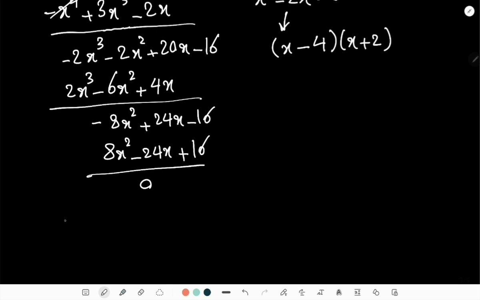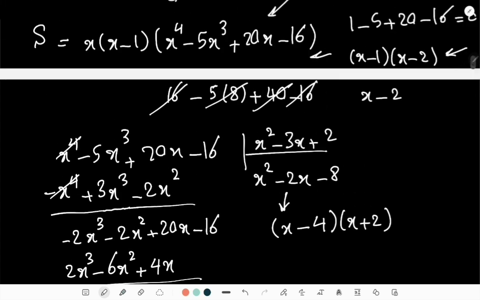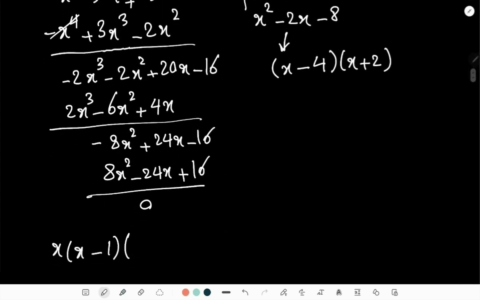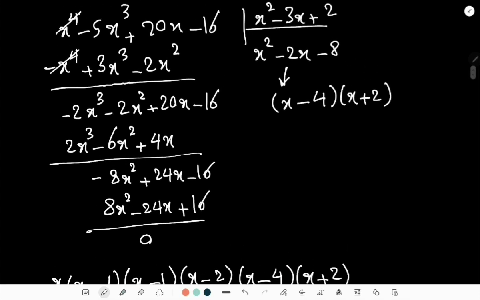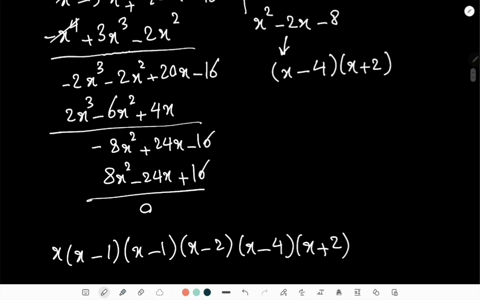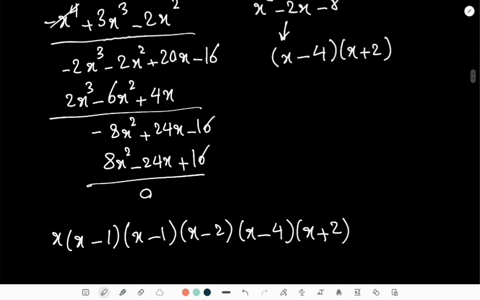We can write x times (x minus 1), those were the first factors, and then we found two different factors, x minus 1 times x minus 2, and then we found these two other factors, x minus 4 times x plus 2, just by trying x equals 0 and 1, and then figuring out that yeah, it works also for 2, and by dividing these algebraic expressions. Plus 66, this is 0. Okay, this was s, guys.